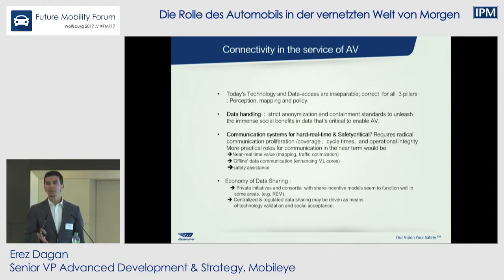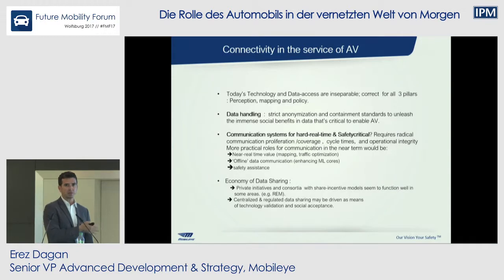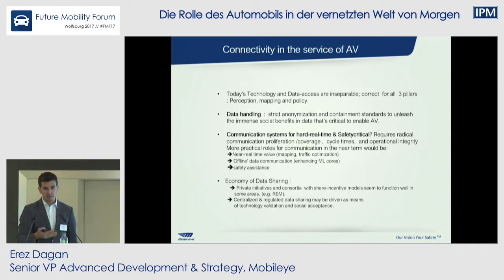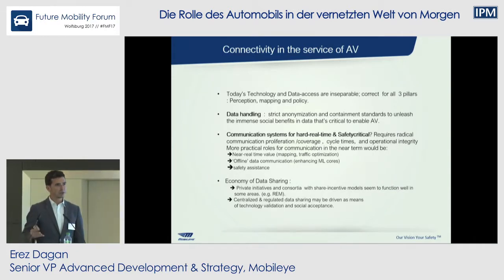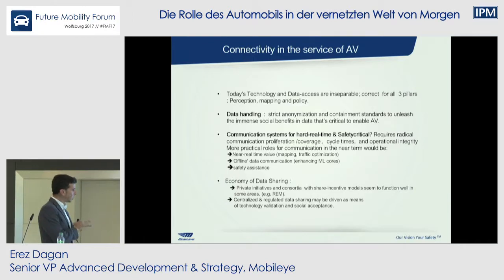I know, for example, in the US, the mere fixed costs of the infrastructure, without aiming for this kind of redundancy and integrity, are a very hard cost burden on the market. So I would suggest that communication's more immediate role is in near real-time values.